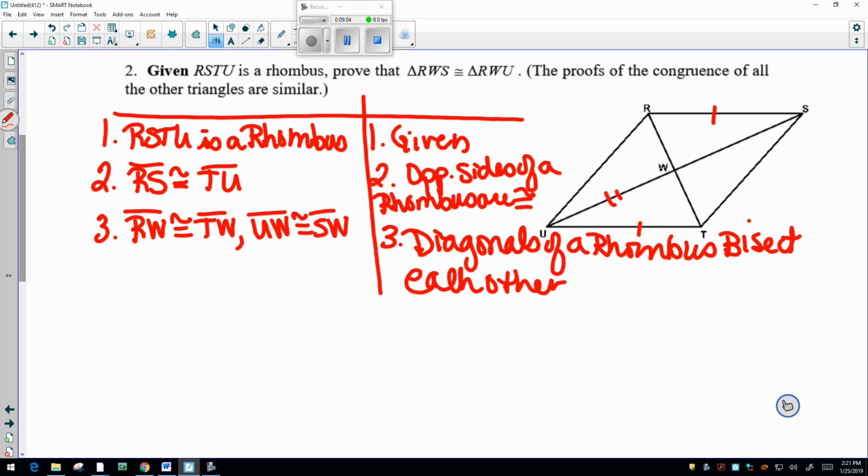And if we mark our pictures, I'm seeing 3 congruent statements. And as soon as you have 3 congruent statements, that gives you the pass to go and check your triangles, and sure enough, we can prove them congruent.